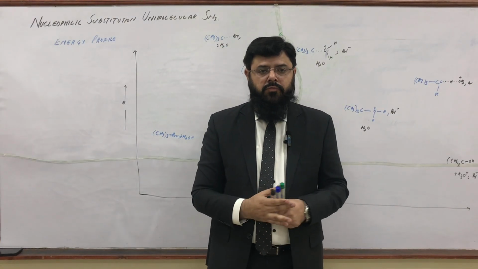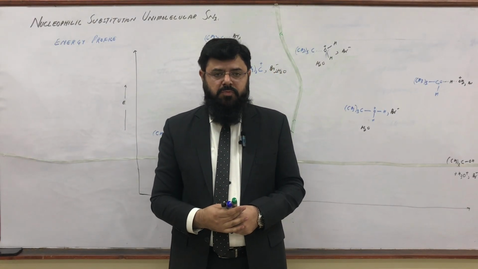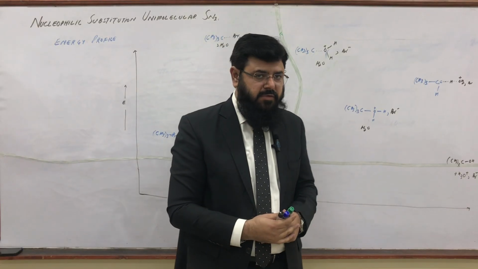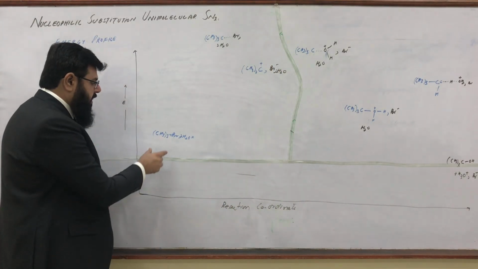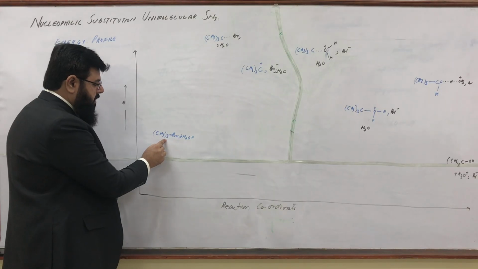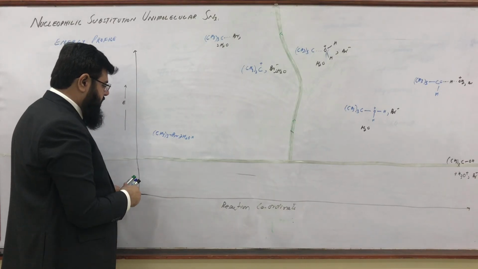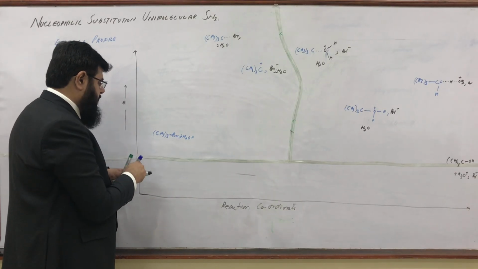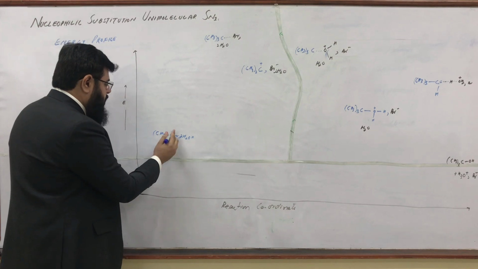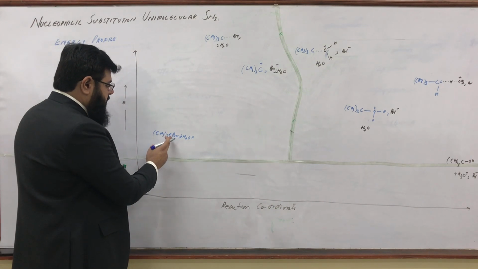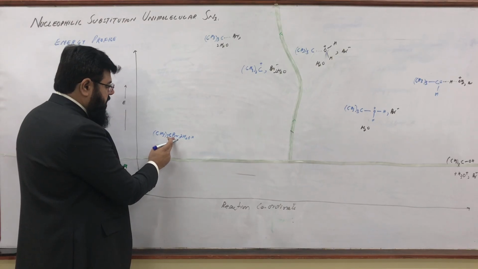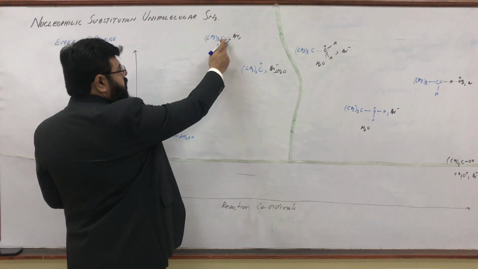So now we are going to discuss the energy profile diagram of SN1 reaction mechanism. Initially we have a mixture of tertiary alkyl halide in aqueous media. So there is a tertiary alkyl bromide. As we studied in the mechanism, at the first step the bond between carbon and halogen starts to break.